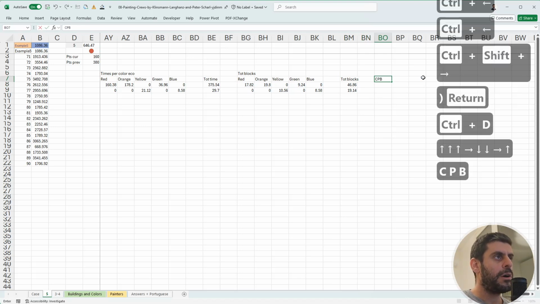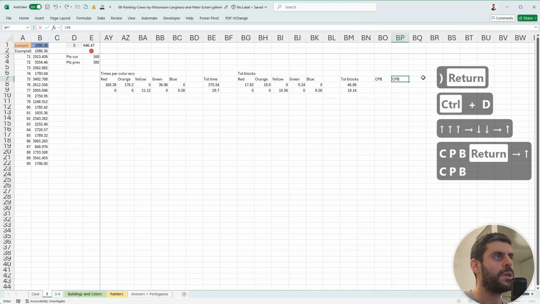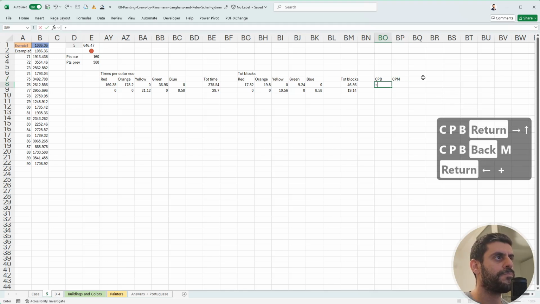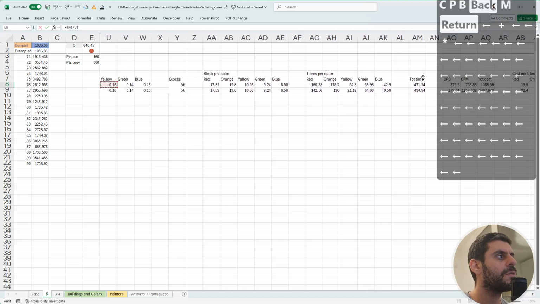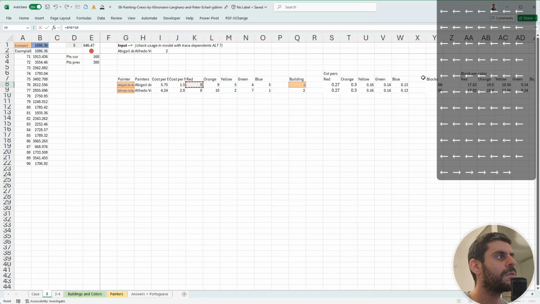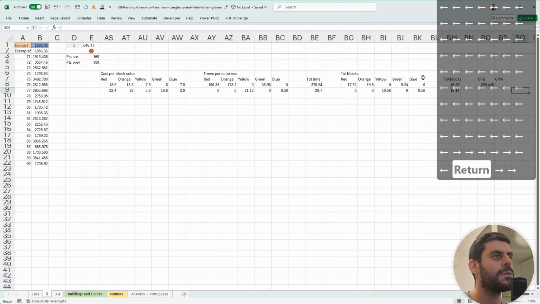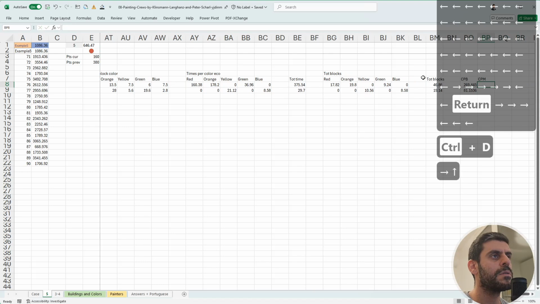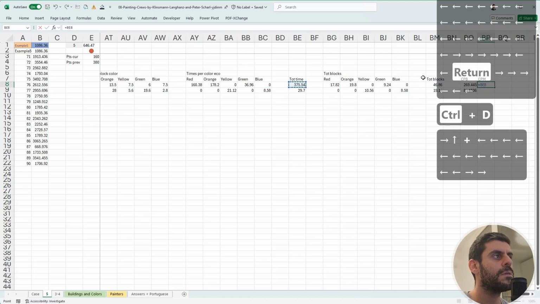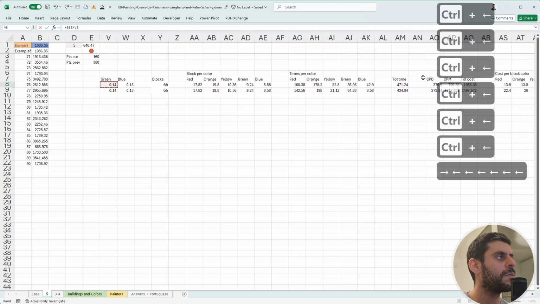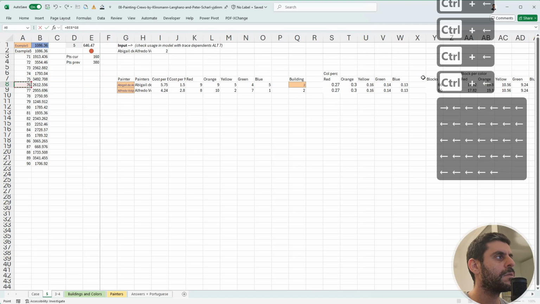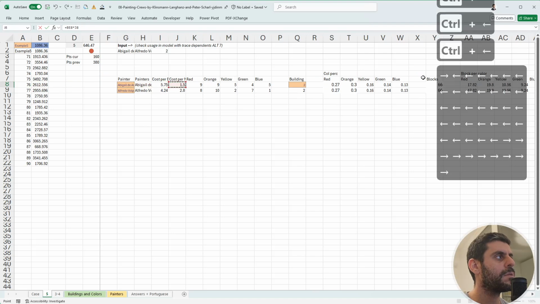So cost per block and cost per minute times this and this times this.